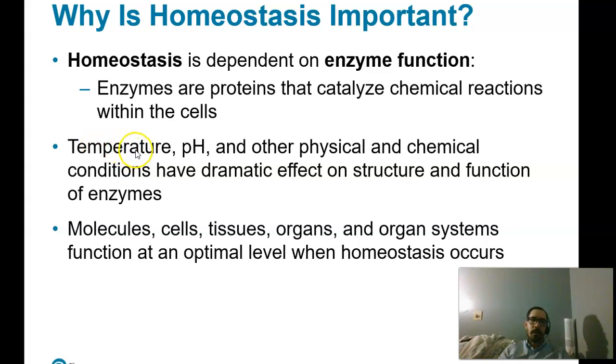So for example, when you increase the temperature, that usually increases the rate at which those enzymes function, okay, to a certain degree. If you go beyond boiling temperature, it'll denature the enzyme and then it won't function as well.